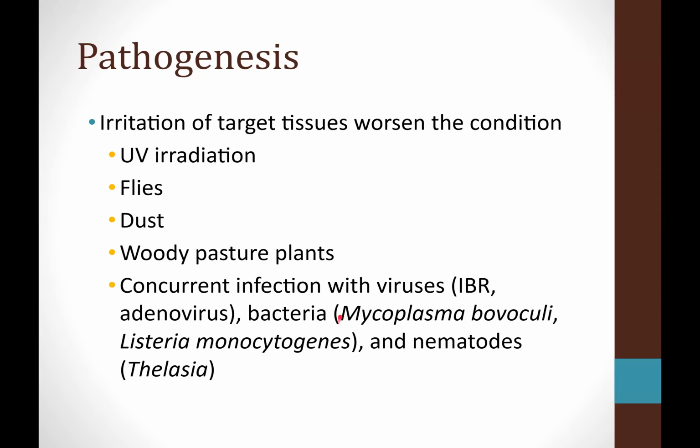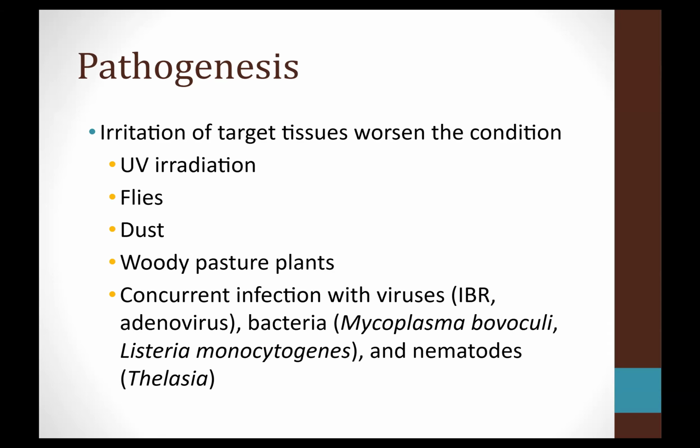So this occurs mostly in animals that are in pasture, and they could be exposed to the environment. The viruses would be BHV. IBR is caused by bovine herpesvirus 1 or BHV-1, and IBR means infectious bovine rhinotracheitis.